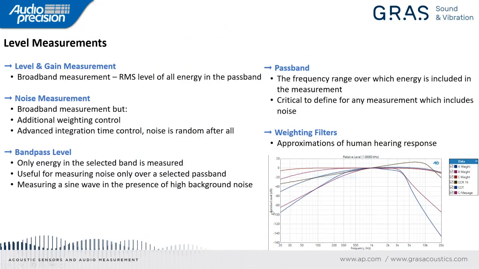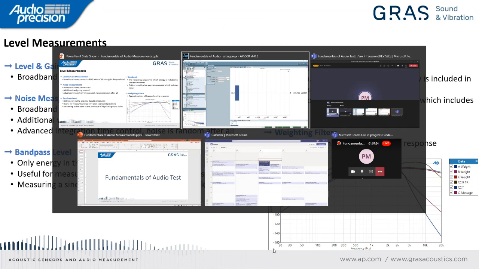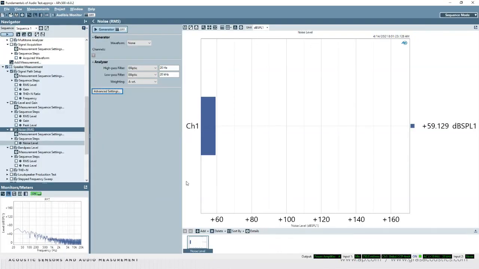So A weighting is this. Well, let me just show you in the software. A weighting is a weighting function where we attenuate the signal at low frequencies and high frequencies and actually gain it a little bit in mid-band frequencies to represent the sensitivity of human hearing at different frequencies.